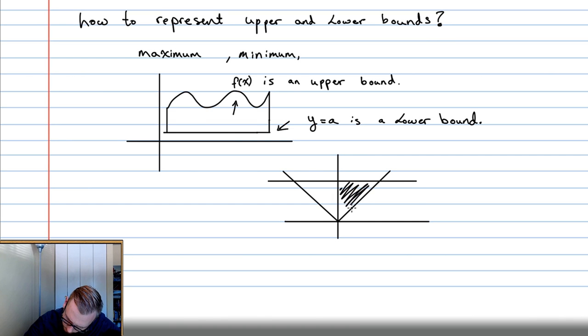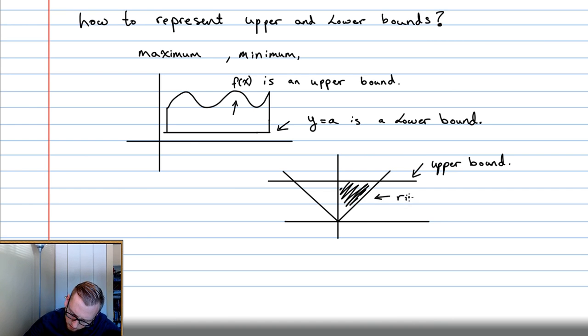So if we were dealing with this area, this line here could be considered an upper bound if we were dealing with the y variable.